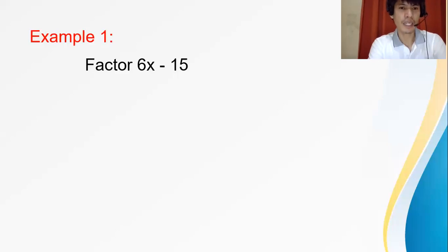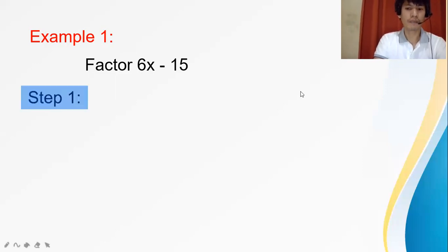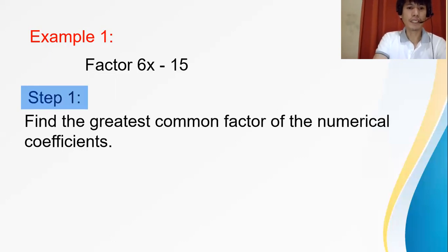Next, example. Now, this time, we have an example. Factor 6x minus 15. Look at the first term and the last term. First term, we have 6 and then 15. Now, first step is find the greatest common factor of the numerical coefficients.